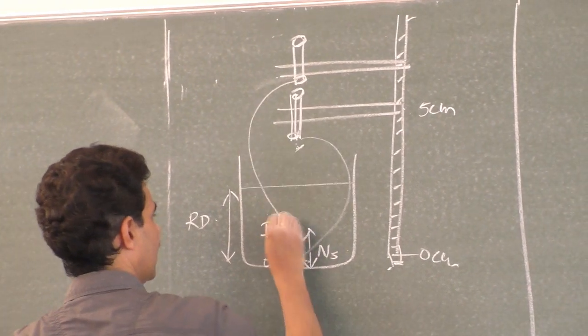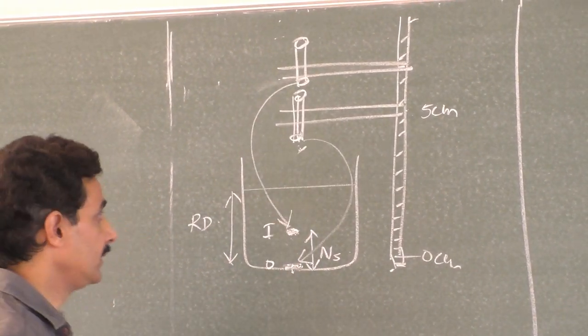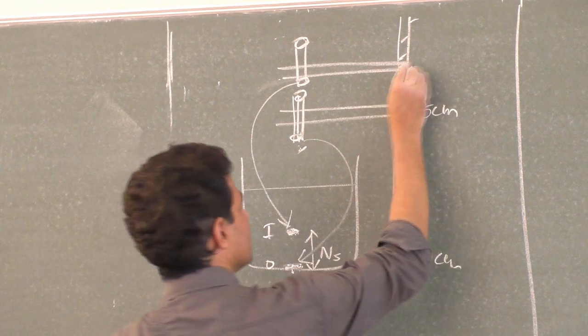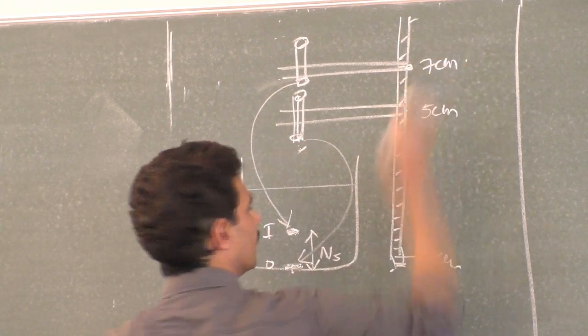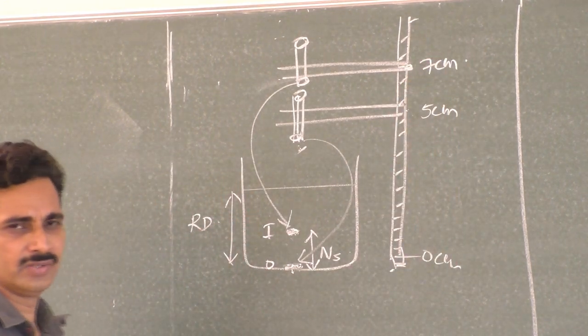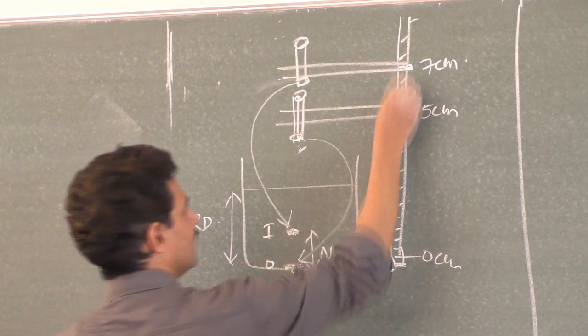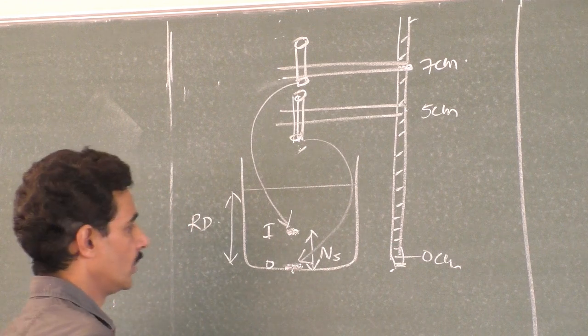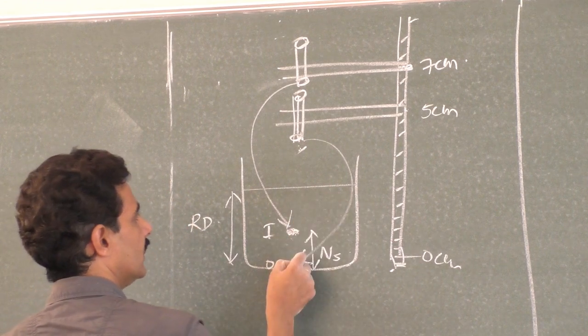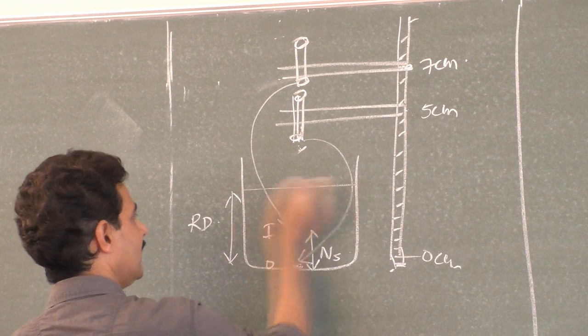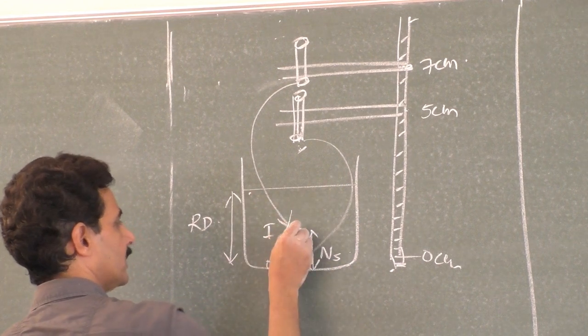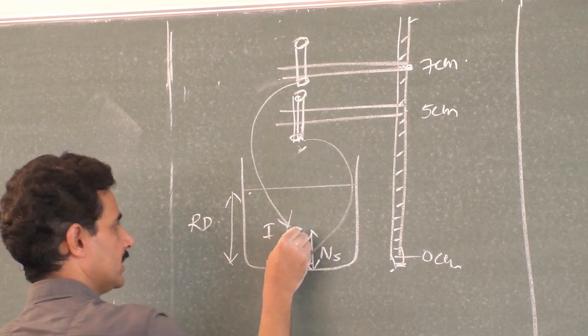This is the position where this is focused. Right? Now suppose this position is 7 centimeter. I'm giving odd values now. Then how much this is shifted? 2 centimeter. It is same thing. So when the object is here without liquid, focus was here. When water is poured, image shifted, appears to be shifted normally up. That is normal shift.